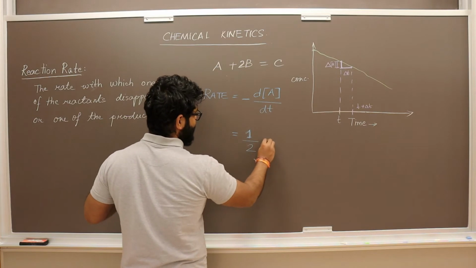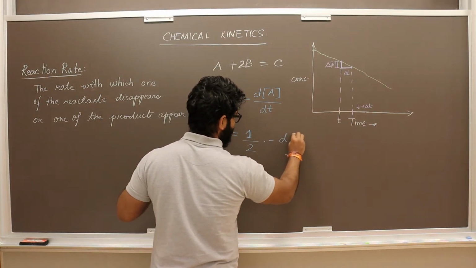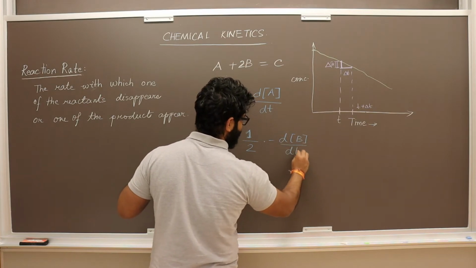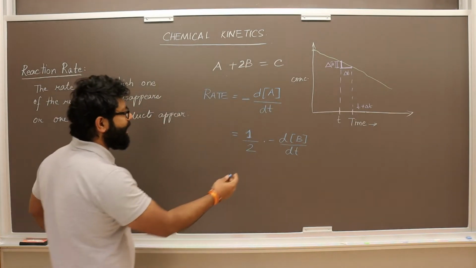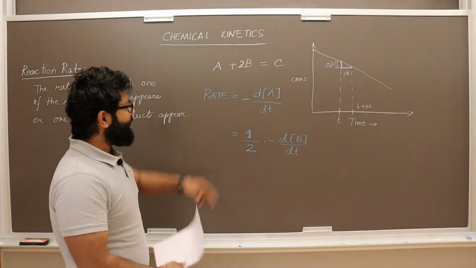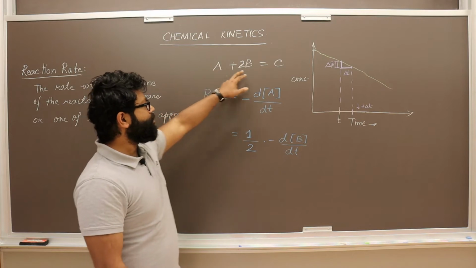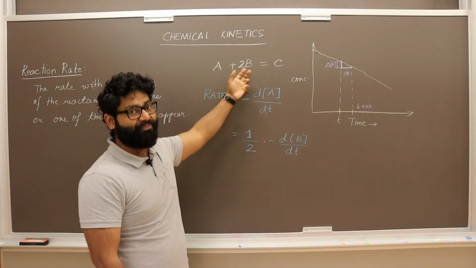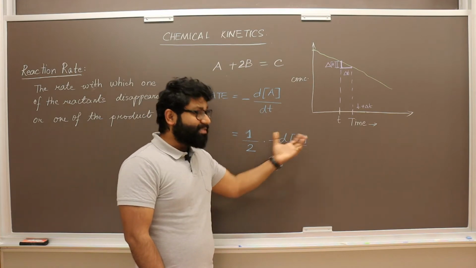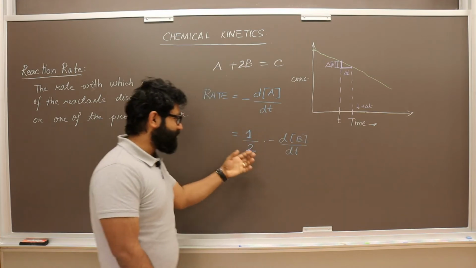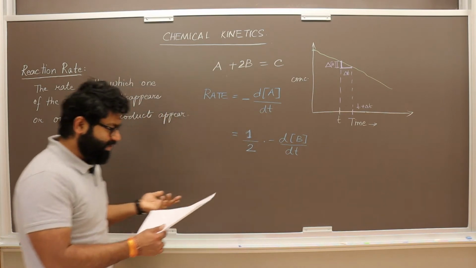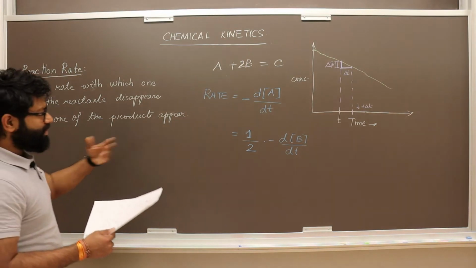You have to divide this whole thing by 2 if you are trying to measure the rate of the reaction with respect to B. Okay, why did you divide this by 2? Because for each mole of A, you're consuming twice the amount of B. So since twice the amount of B is getting consumed, you have to divide this by 2 to counteract that effect. Okay, so this is generally the rate of the reaction.